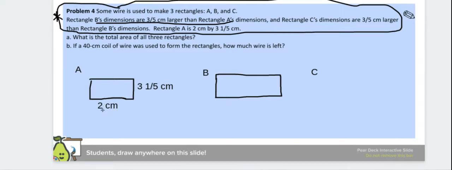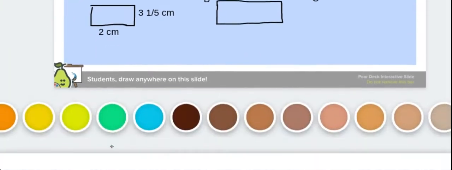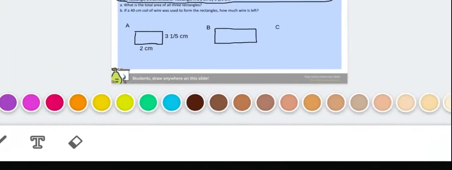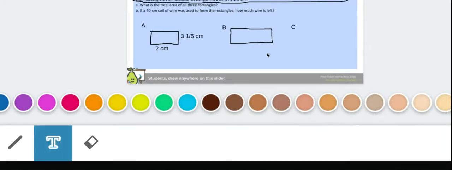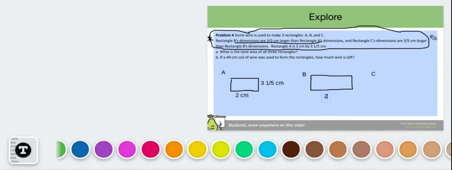So if we take 2 and we add 3/5 to it, that means that rectangle B's length is 2 3/5 centimeters long.